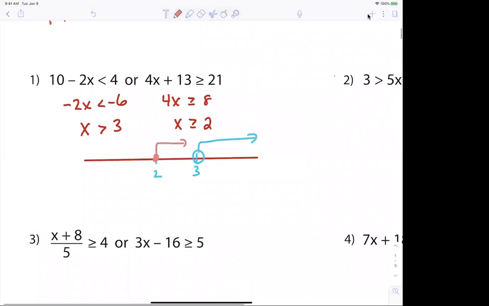Now, with this or statement, it has to be true for one, or it can be true for what? Both. So the question is, what numbers are greater than 3?